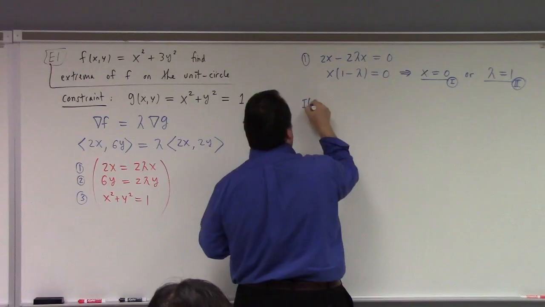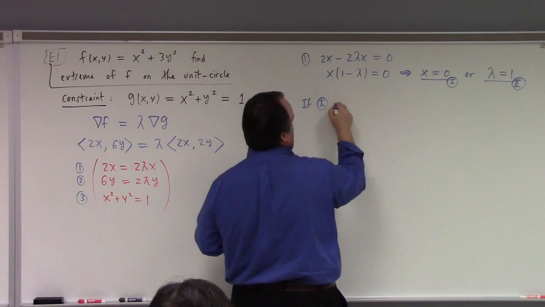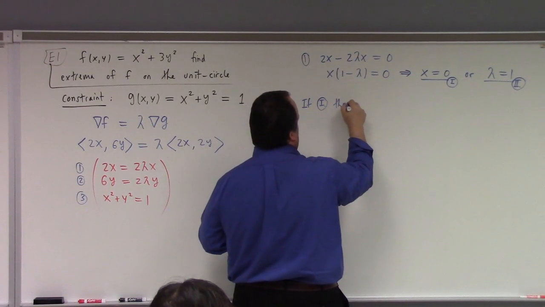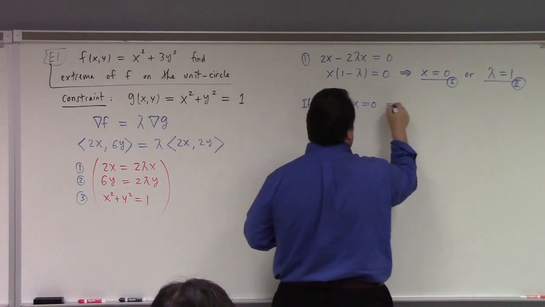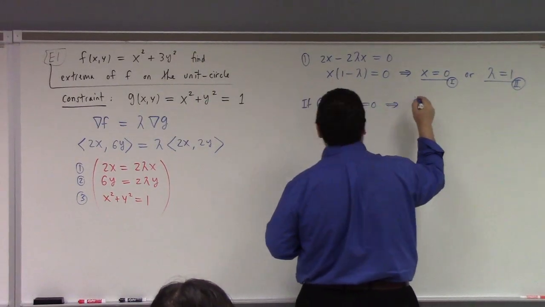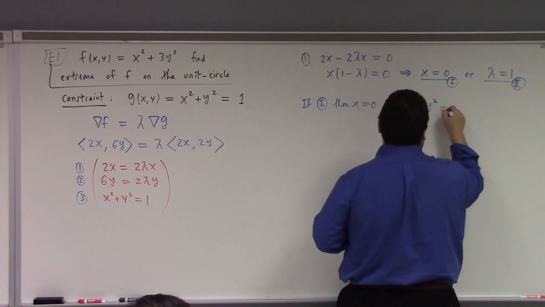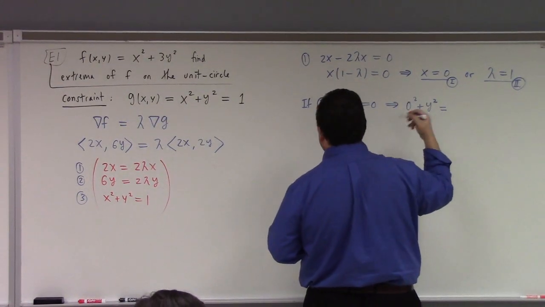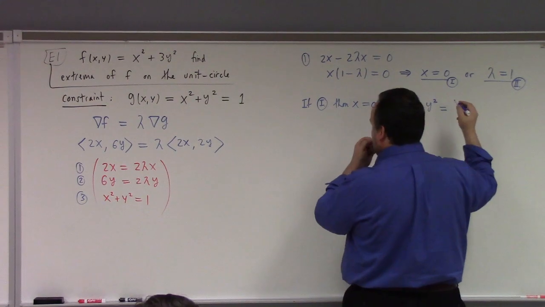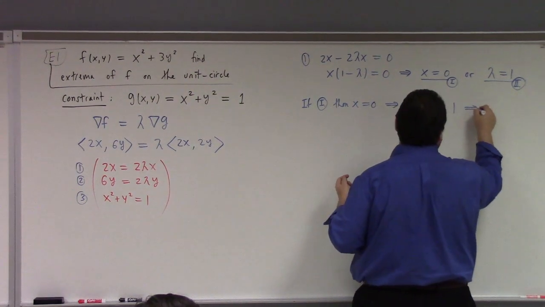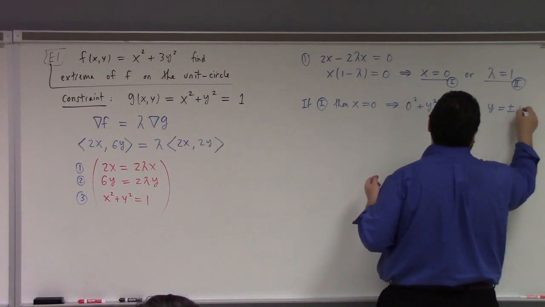So if x is equal to 0, that implies 0 squared plus y squared is equal to 1. So that tells me that y is plus or minus 1.